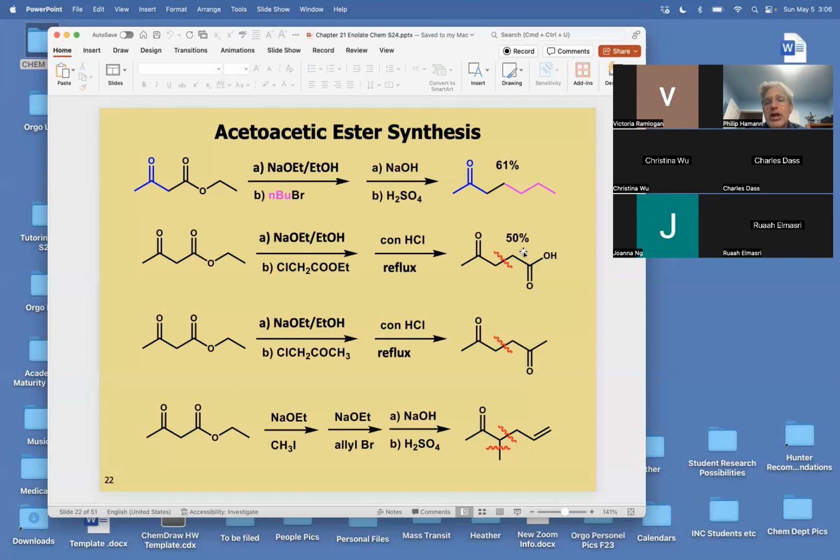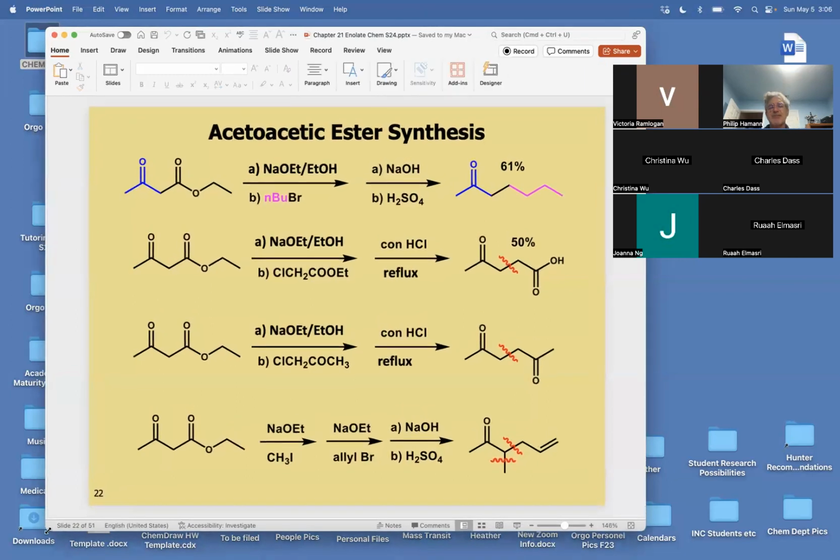But it won't decarboxylate, because that requires a carbonyl group here, and this one's here. Sometimes I put on fancier examples just to show you the possibilities, but I also do it here for the second one to show you that the carboxylic acid is stable. Make sure students look at this relationship. It's a beta keto acid at the end with the butyl group added, and that's what decarboxylates, not alpha, not gamma, just beta.